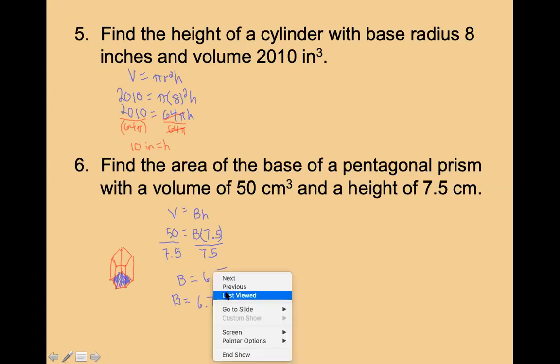And this time our units are in square centimeters because it's the base area, and area is square units. So the base is 6.7 square centimeters.